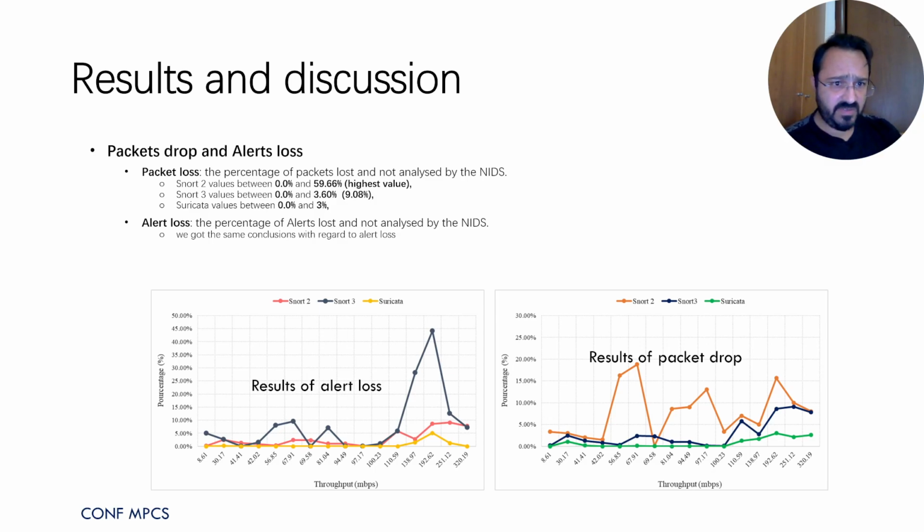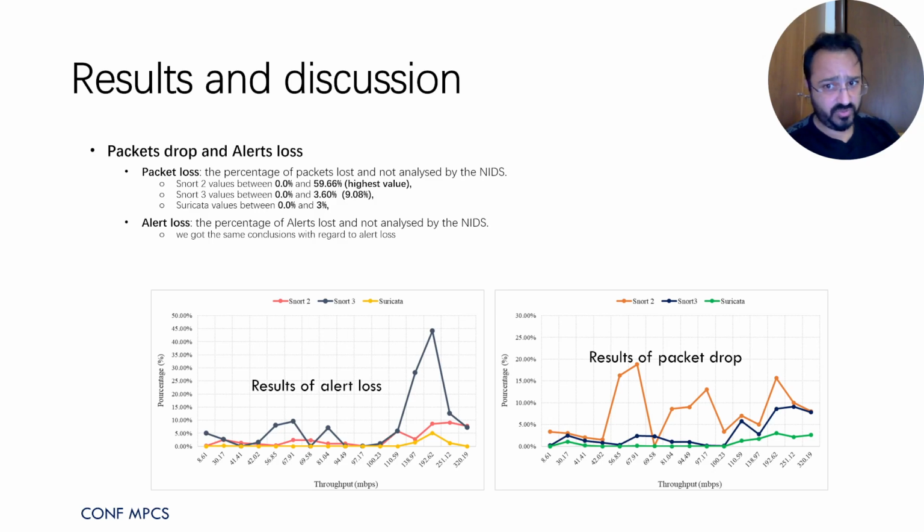Interesting here is that Snort 3 suddenly at 192 lost a lot of alerts, and then it returned back to the Snort 2 level.